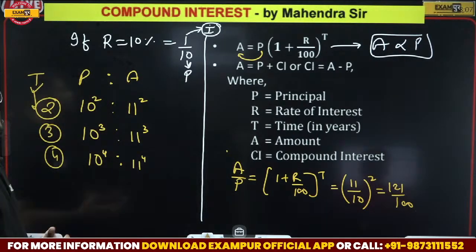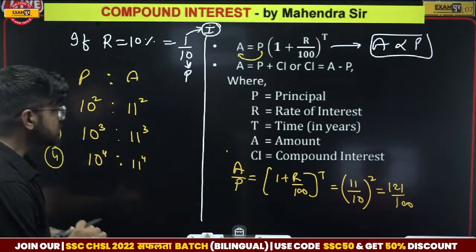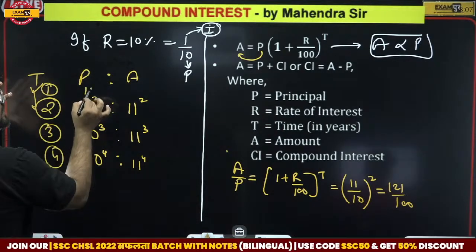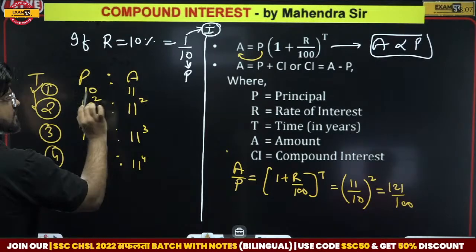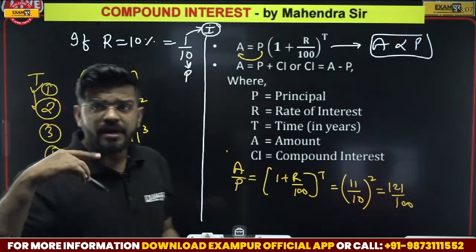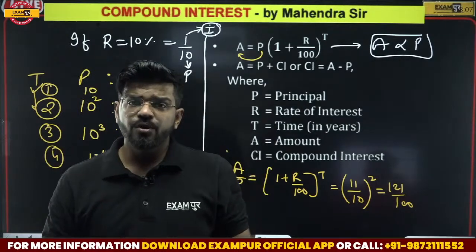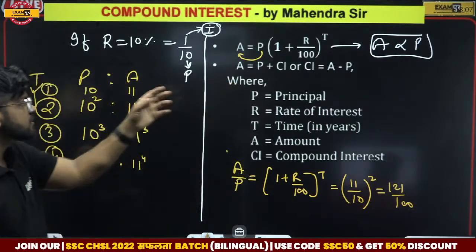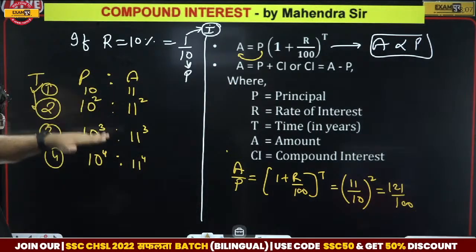Now, how do we solve the question? For 1 year, you have seen that it is 10 and 11. The difference is the increment. So whenever you want to calculate the rate of interest, you just have to come to this part.